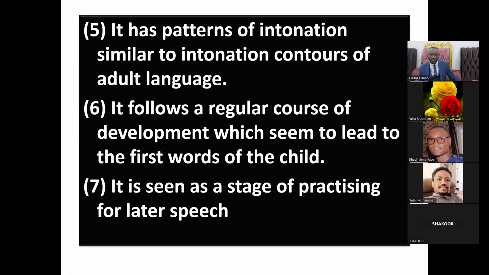It is seen as a stage of practicing for later speech.